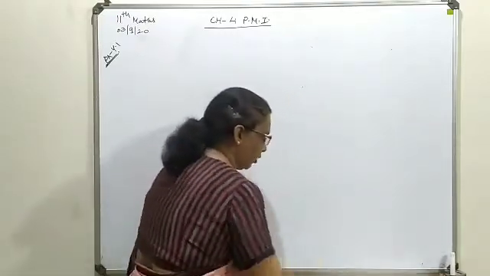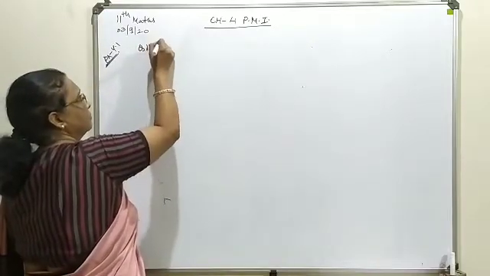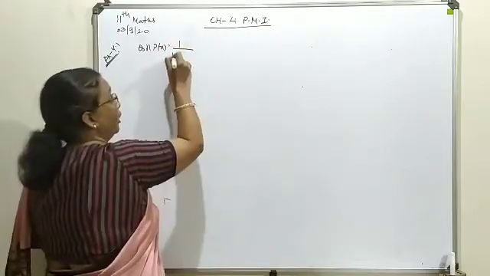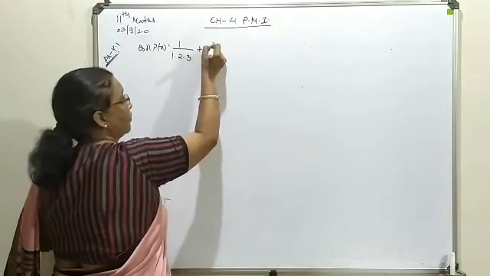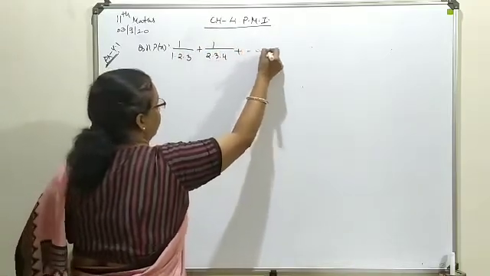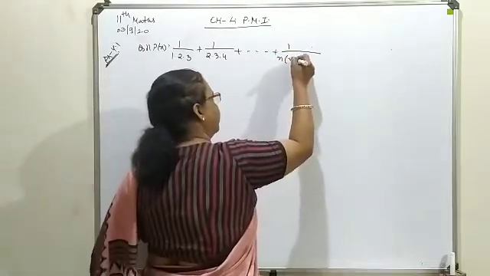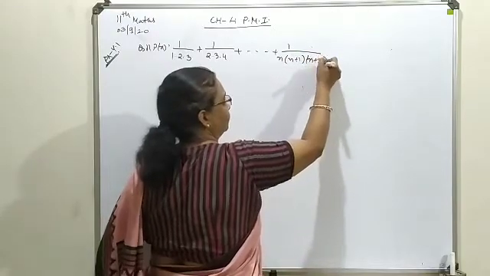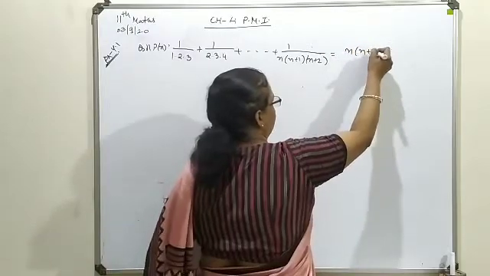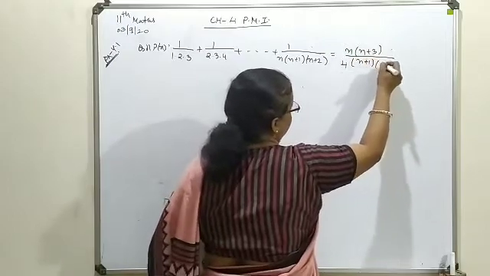In question 11, the series is given as 1 upon 1 into 2 into 3, 1 upon 2 into 3 into 4, like that. And a term is defined as 1 upon n, n plus 1, n plus 2. And it is to be proved as n plus 3 upon 4, n plus 1 and n plus 2.